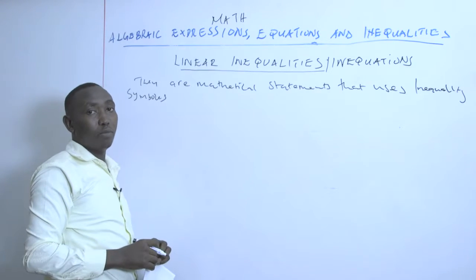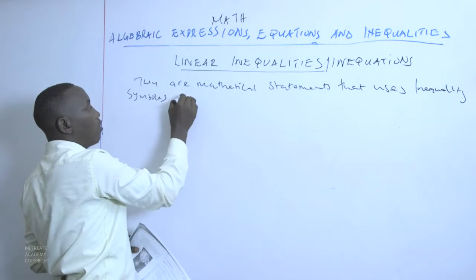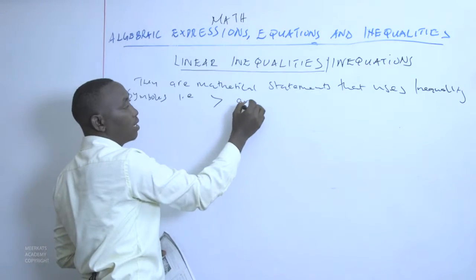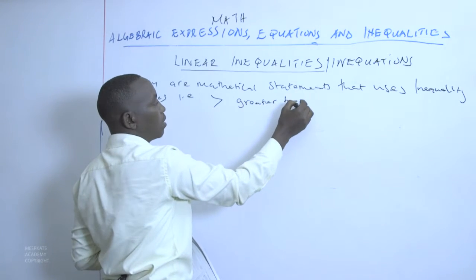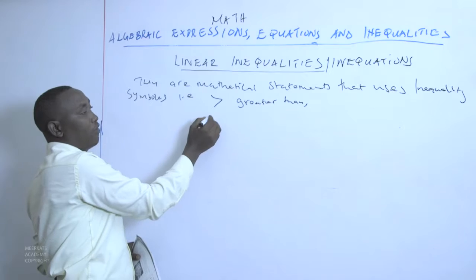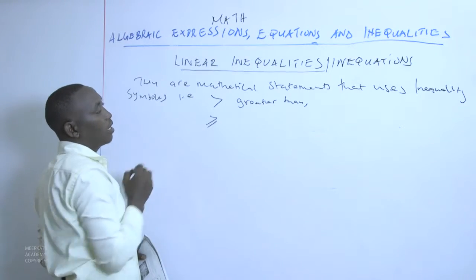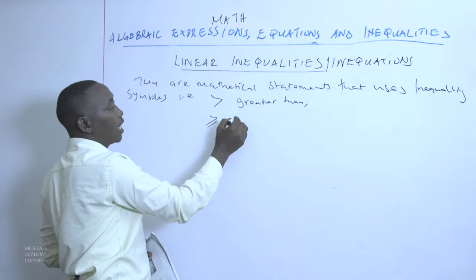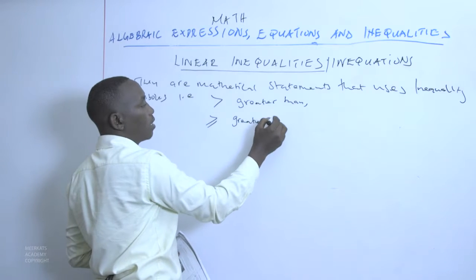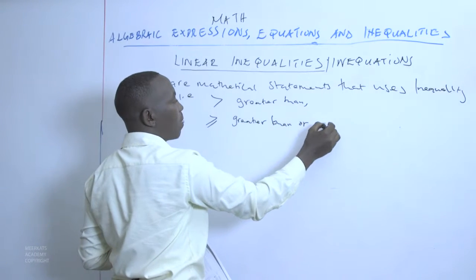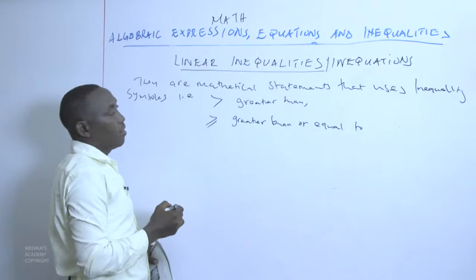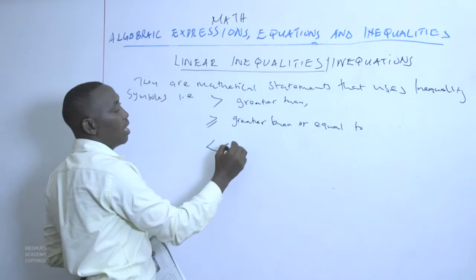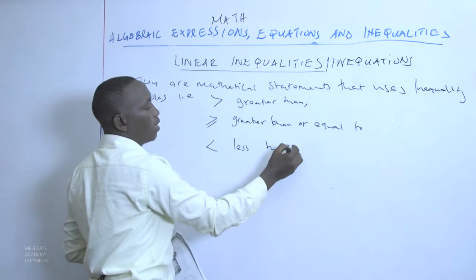These inequality symbols are 4 in number. First, we have this kind of symbol, which means greater than. We can have another kind of symbol that means greater than or equal to. Third, we have this inequality symbol meaning less than.